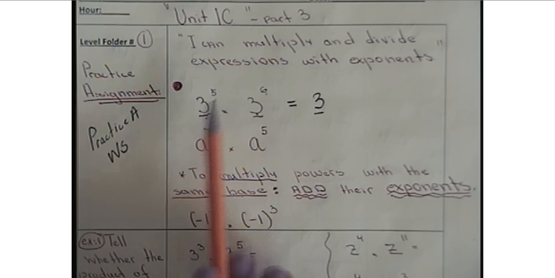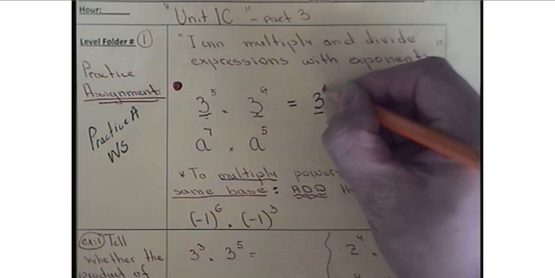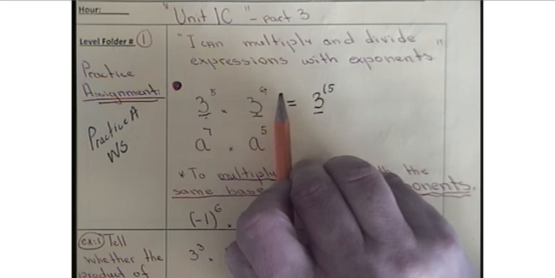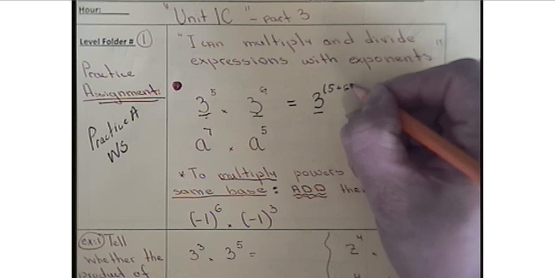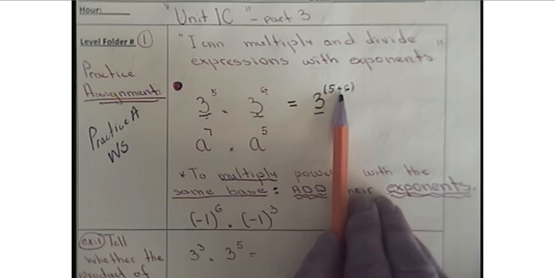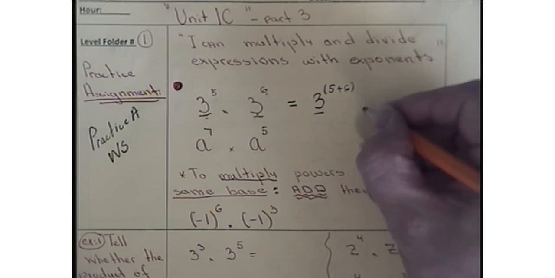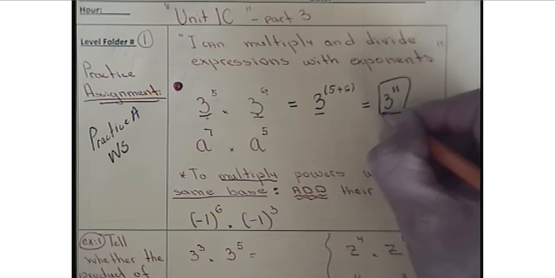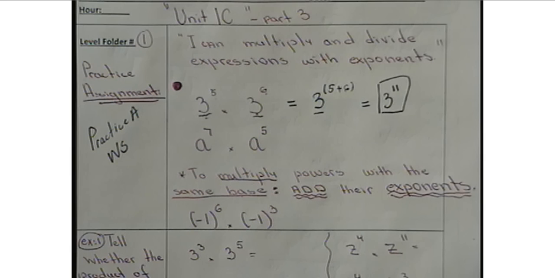So we write 5, because 5 is the first exponent, then plus 6. Again, when we multiply two powers with the same base, we add their exponents. So this will be equal to 3 to the power of 11, final answer. Pretty easy, right? Multiplying two powers with the same base, we add exponents and we write the answer.